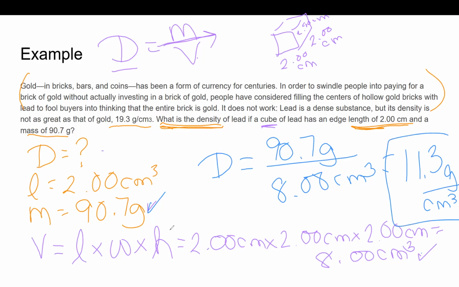Remember to always include your units. If you remember that density is always grams per cubic centimeter, and you put in volume over mass, you know that you are doing it incorrectly. So knowing your units and what you're looking for can help you solve the problem correctly.